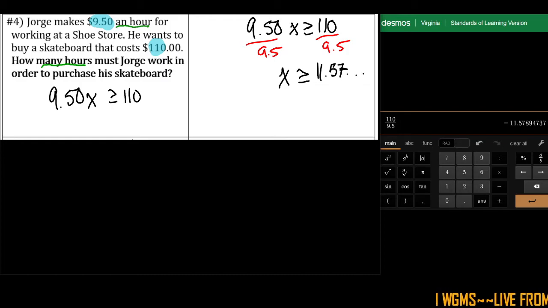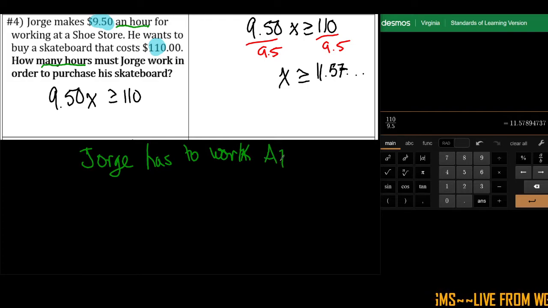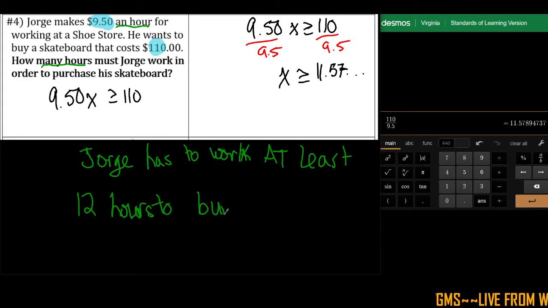So I would say Jorge has to work at least, and that's the key part right there, at least 12 hours to buy the skateboard.